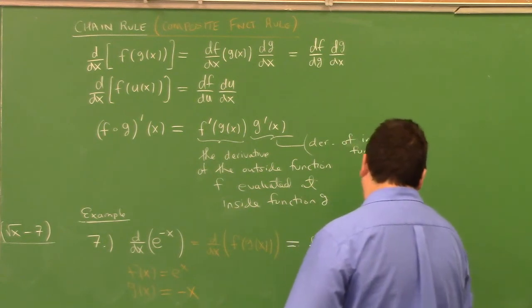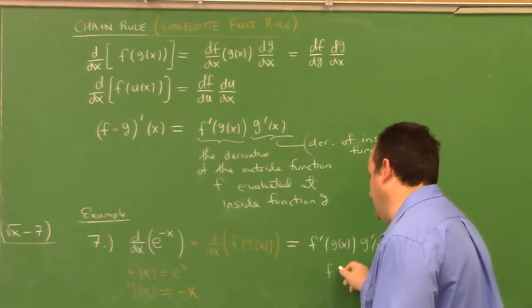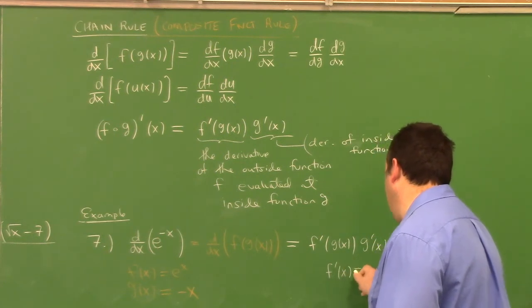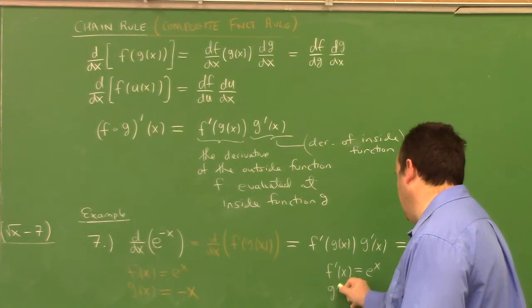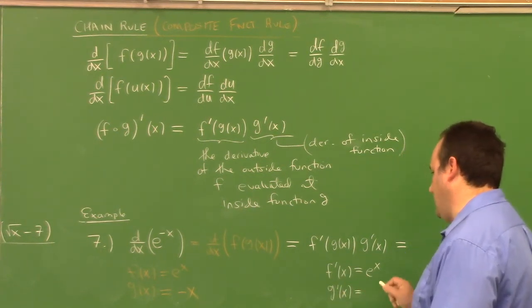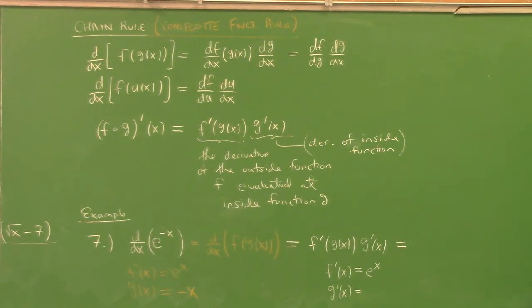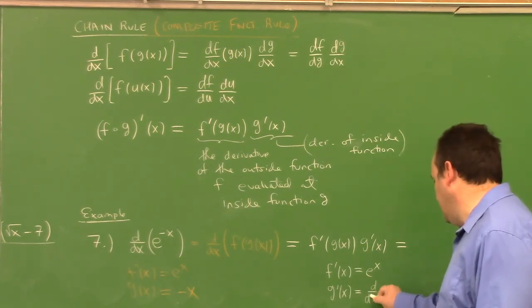But here, notice that f prime of x is what? It is e to the x, right? And what's g prime of x equal to? d dx of minus x, right? What's d dx of minus x?